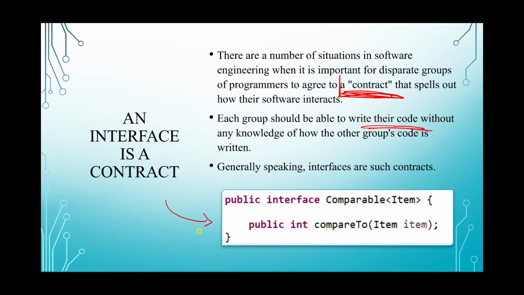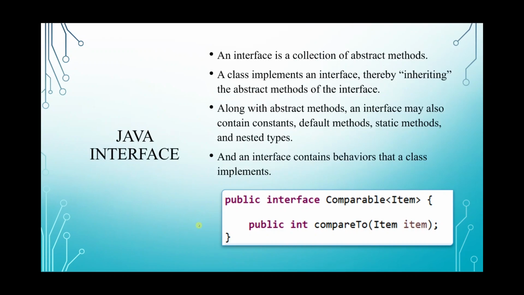So going back to this one, the Java interface is a collection of abstract methods. Now, when we say a collection, it does not mean that we should have more than one abstract method. We have interfaces with only one abstract method, and we call them functional interfaces.